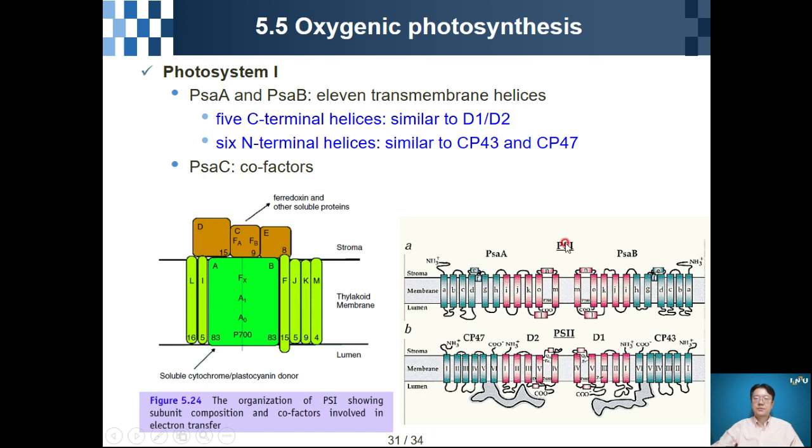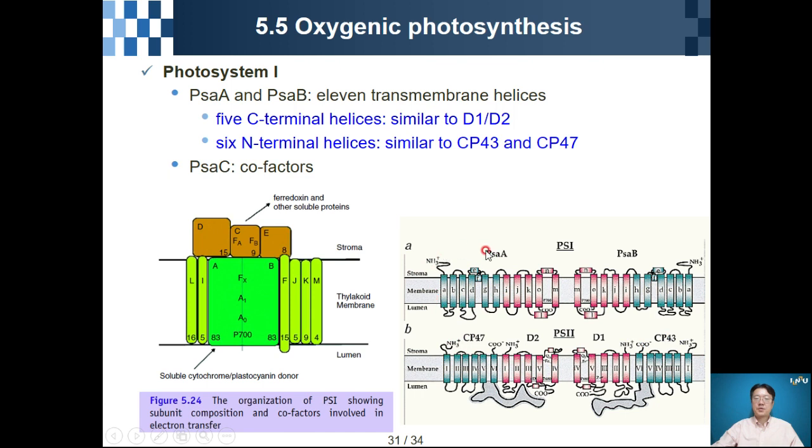Photosystem 1 and photosystem 2 are nearly similar to each other, but they have one protein instead of two. The C-terminal is nearly similar to D1 and D2, and the N-terminal is nearly similar to CP43 and CP47.